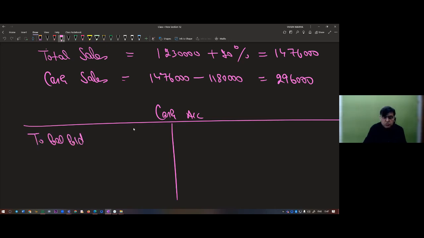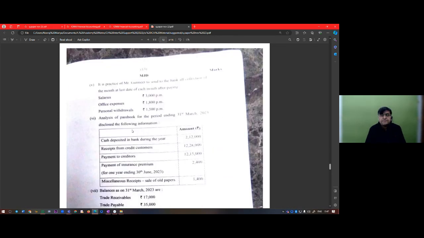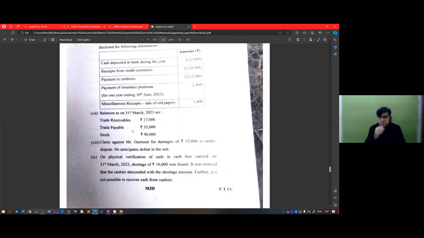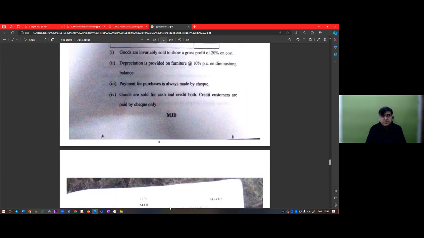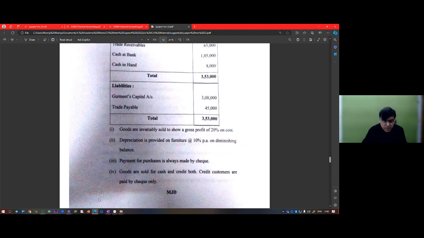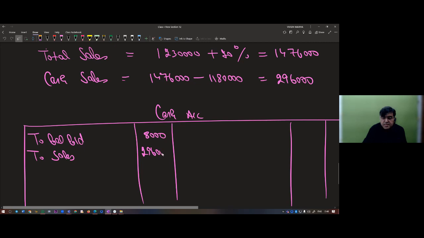Next is cash account. Balance brought down. Cash brought down is 8,000. Cash from cash sales is 2,96,000. By salaries.